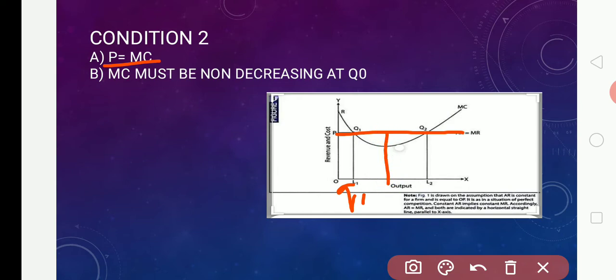I'll draw another line here. This will be Q2, this is Q3, this is Q4, this is Q5 and this is Q6. I cannot write perfectly here, please try to understand.